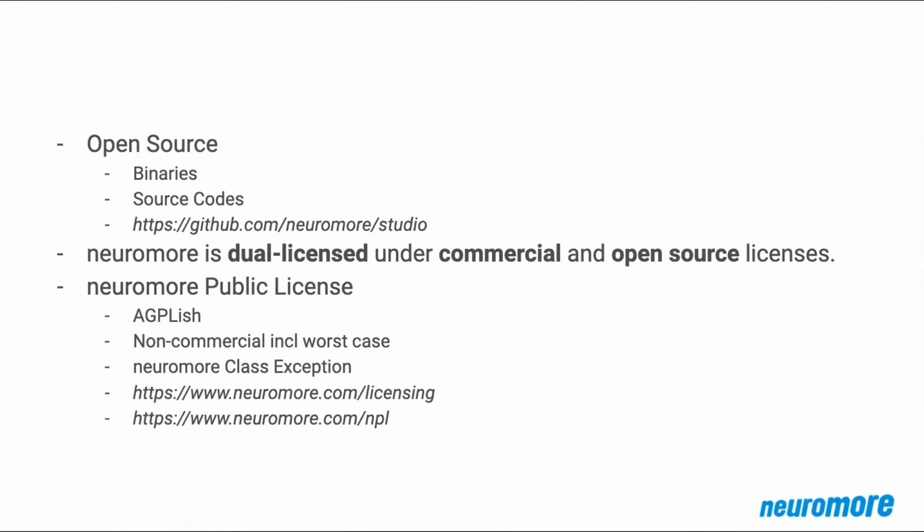Talking about the license, neuromore is dual licensed, which means we offer it on the one hand under a commercial license, and on the other hand under an open source license. Commercial licensing is on a per-case, on-request basis. You can just drop us an email.